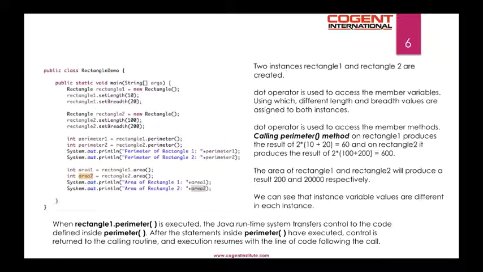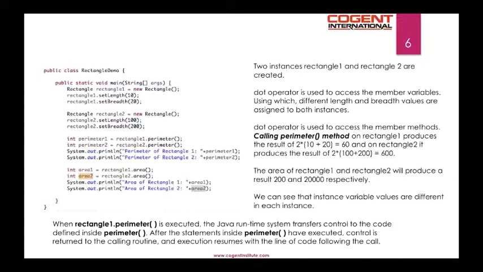The same dot operator is used to access the member methods. Calling the perimeter method on rectangle1 produces the result of 2 into 10 plus 20, which is 60. And on rectangle2, it produces the result of 2 into 100 plus 200, which is equal to 600. The area of rectangle1 and rectangle2 will produce a result of 200 and 20,000 respectively.